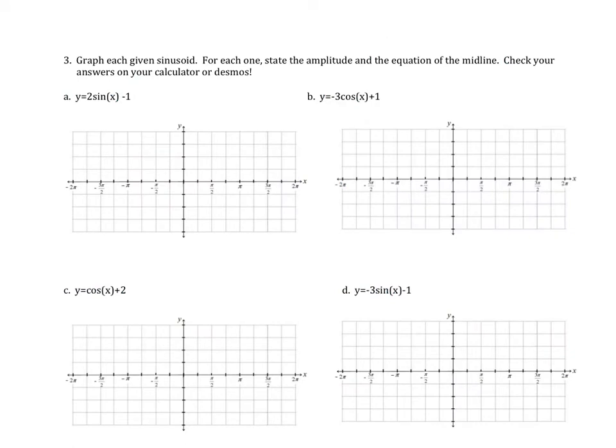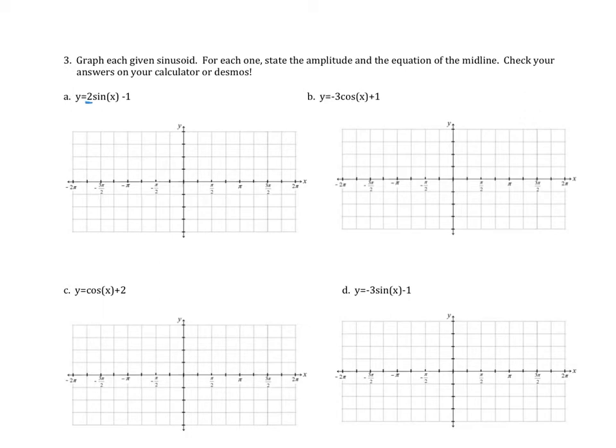Okay, so here we're asked to graph 4 sinusoids, sine or cosine functions that have some vertical stretches and vertical shifts. In order to graph these, I would begin by looking at the equation and see what we can determine. So I have 2 sine x minus 1.